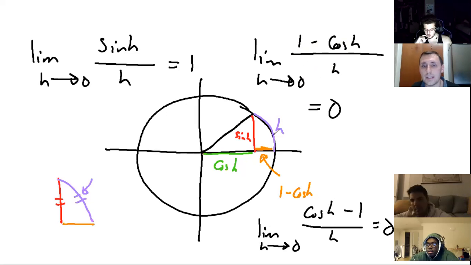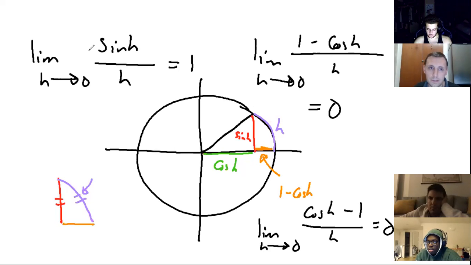If h is drawn in the positive sense, as I did in my picture, counterclockwise, what would you say about the ratio of sine h over h? Before I take the limit, is it bigger than 1 or smaller than 1? So is sine smaller than h or bigger than h, or are they always the same size?